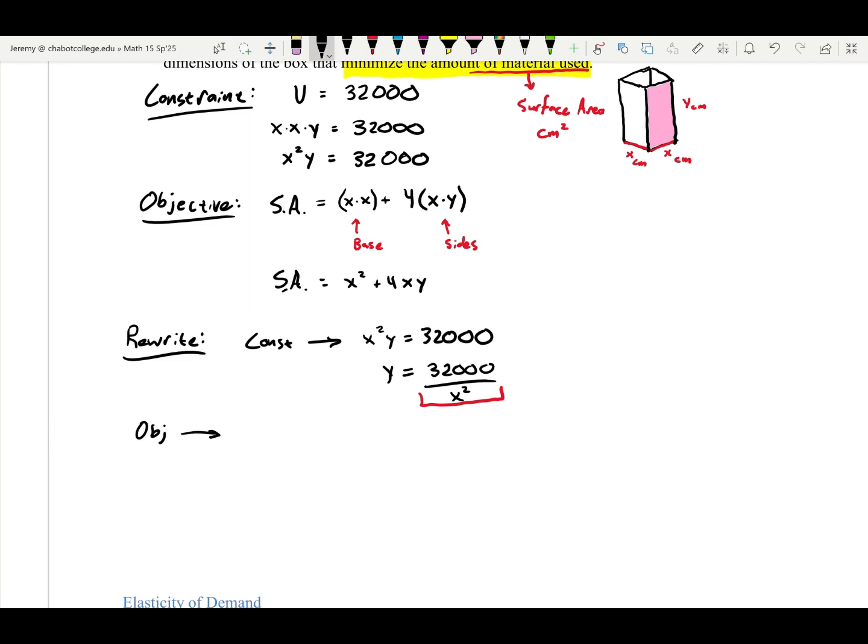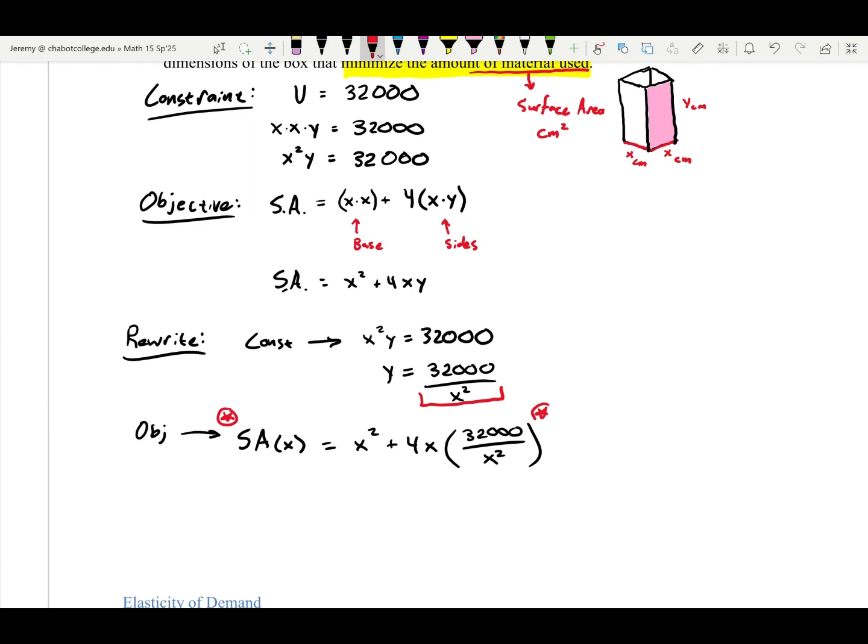And this is good because now we're going to have surface area of x. This is a function just in x now, and it'll be x squared plus 4x times y, but I'm substituting in 32,000 over x squared. This is great.